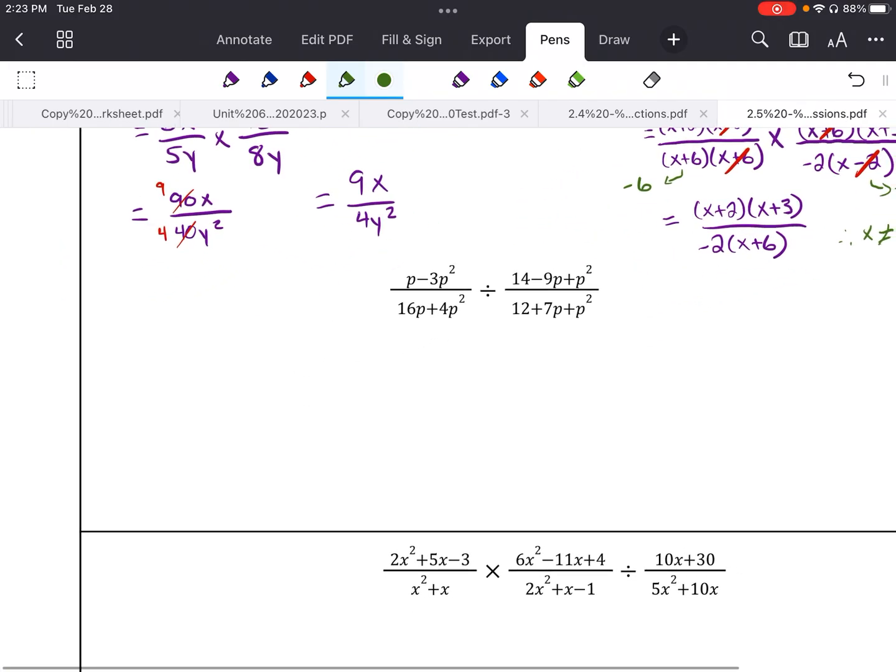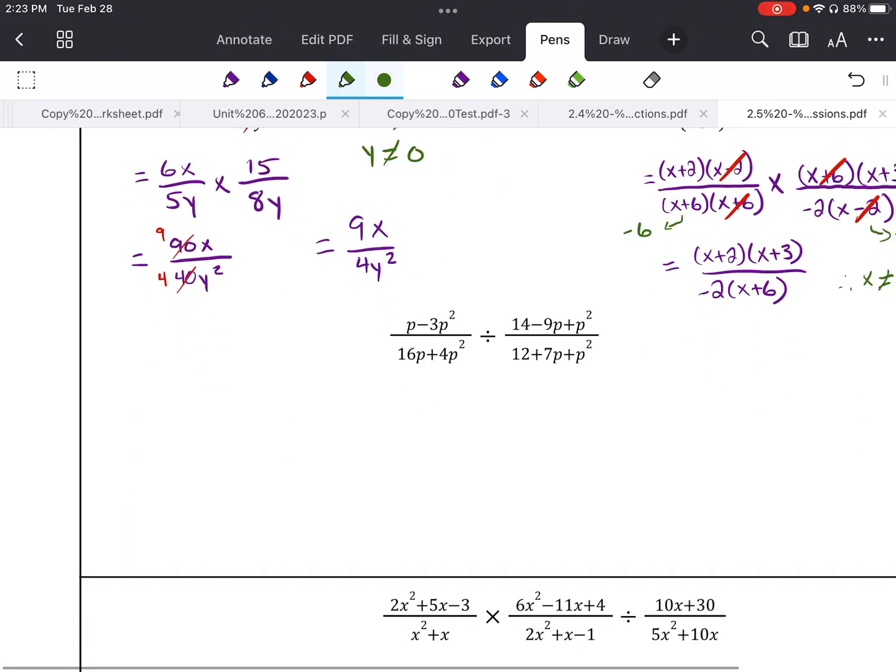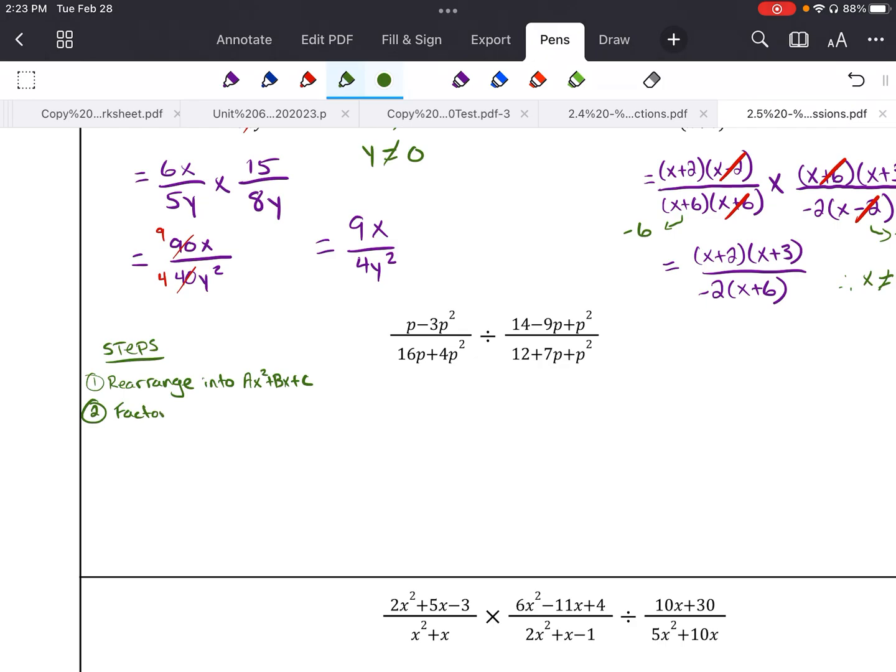Okay, the next one is going to involve some steps. So we're going to have some steps here. One, we're going to rearrange into ax squared plus bx plus c. Then we're going to factor.